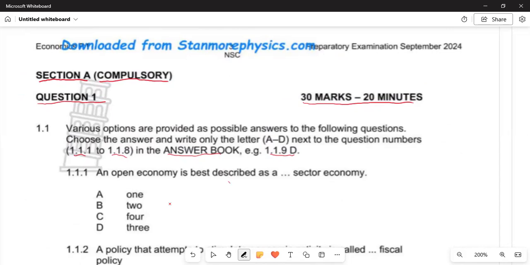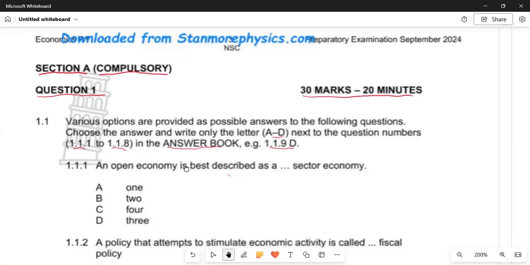Question 1.1 is multiple choice. Various options are provided as possible answers to the following questions. Choose the answer and write only the letter A to D next to the question number 1.1 to 1.1.8 in the answer book, e.g. 1.1 D.